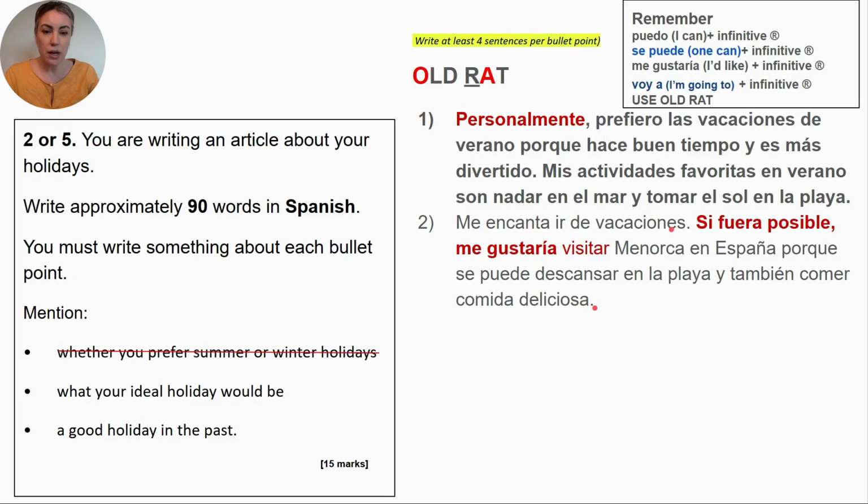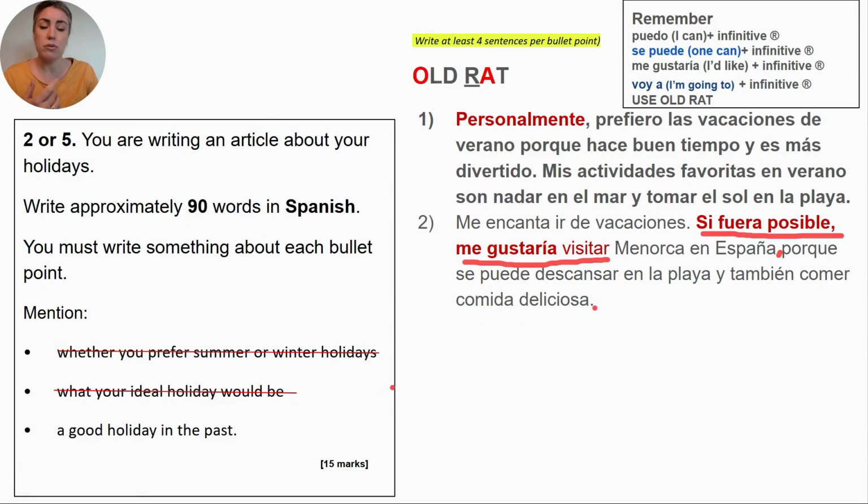So I've got my four sentences, roughly, with porque and también, and I'm providing lots of information, opinions, and an advanced structure. Si fuera posible, if it were possible, me gustaría plus infinitive, visitar: I would like to visit Menorca, and then giving a reason and adding extra information. That's really good.